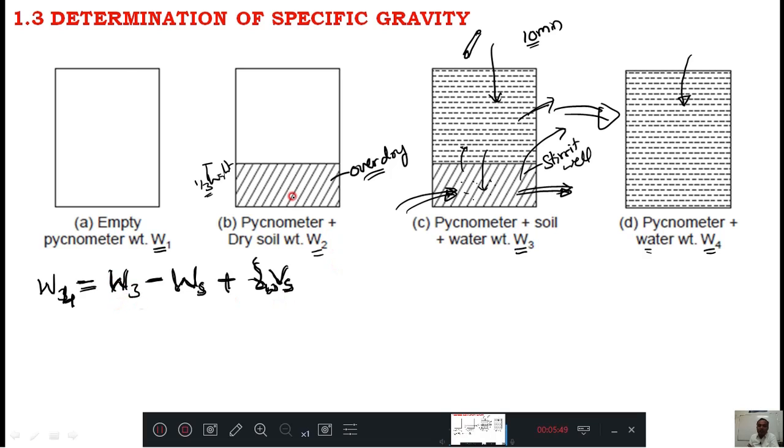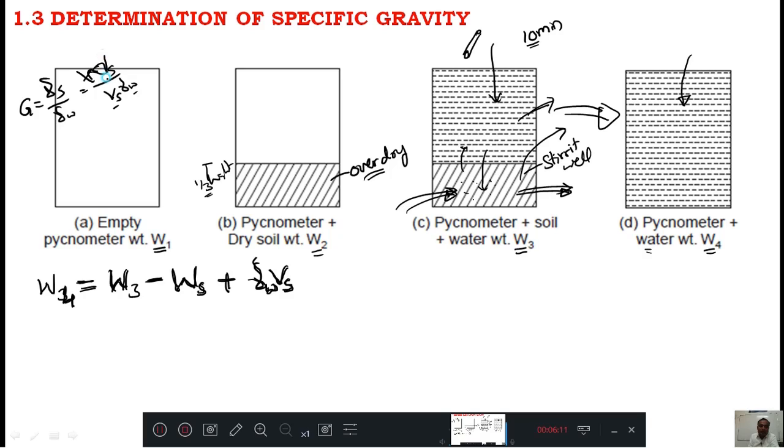In previous lectures, in water content, you came to know that G equals gamma S by gamma W, and gamma S means MS by VS, and gamma W as it is. Then gamma S, VS, gamma W: take this side and G comes this side.